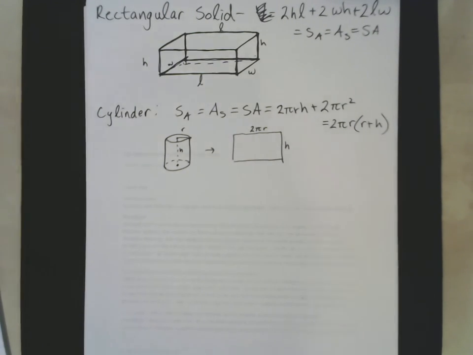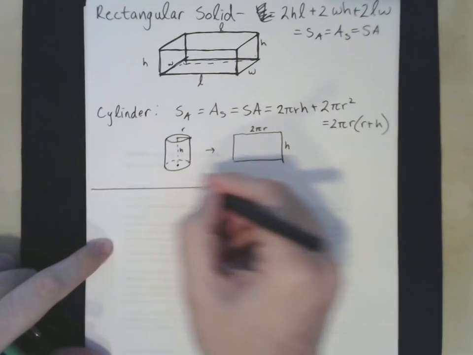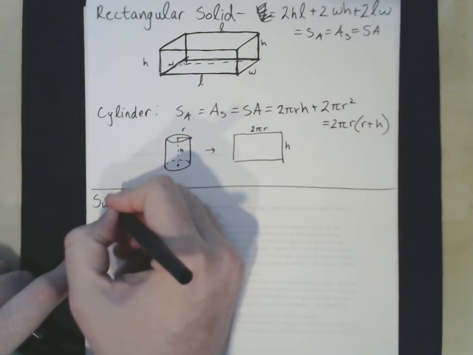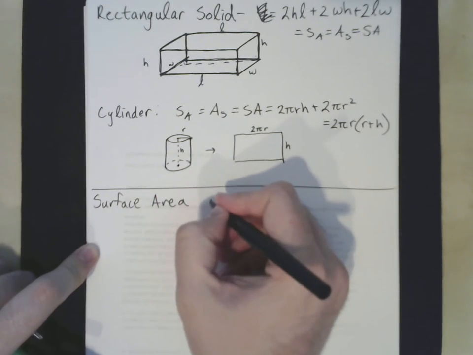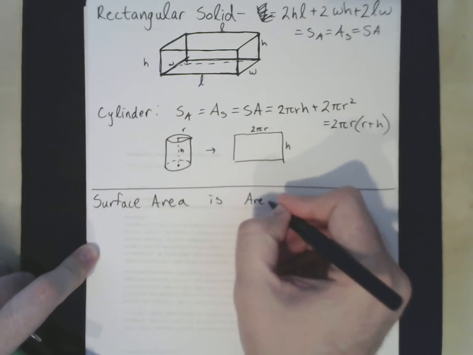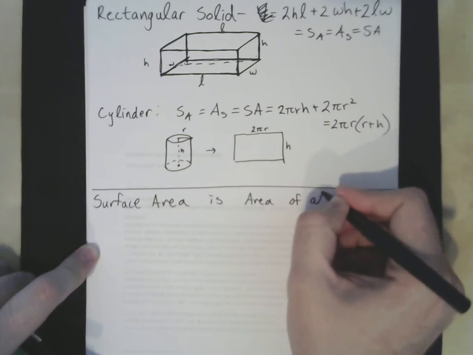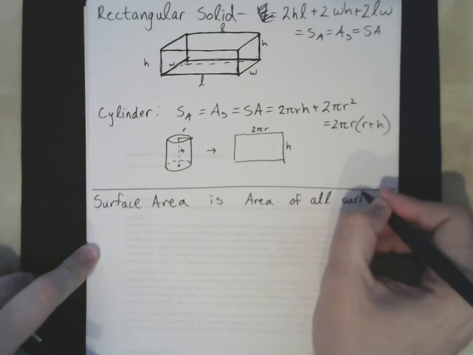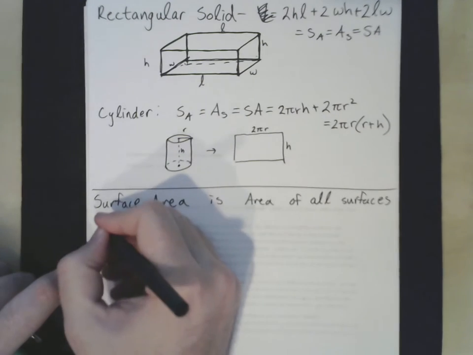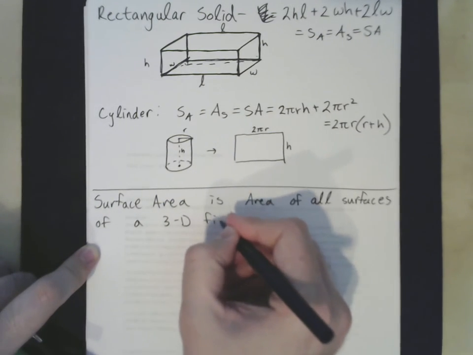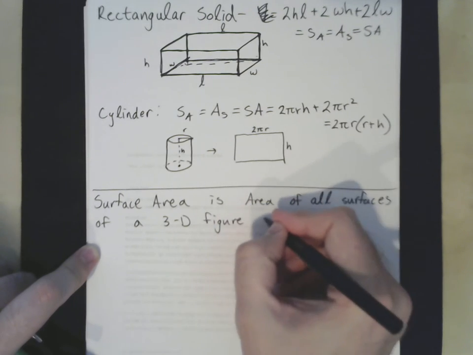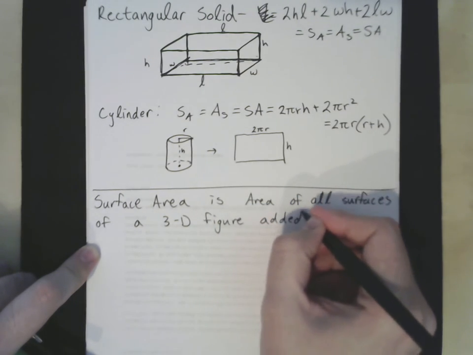And if you think of this notion of what surface area represents, surface area, as I've been saying, is the area of all surfaces of a three-dimensional figure added up.